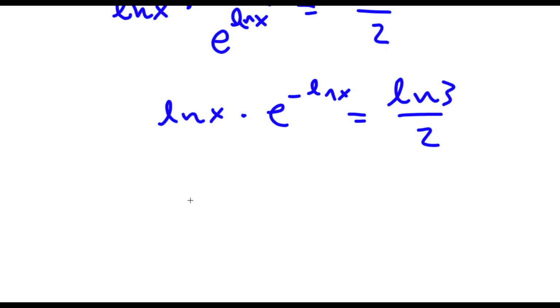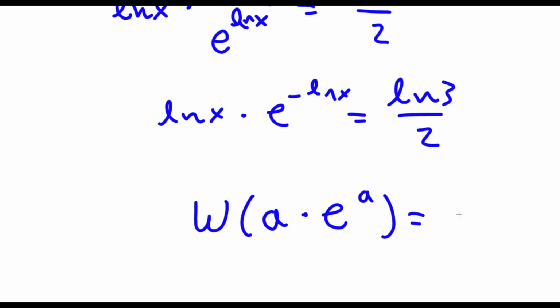Now, an important function for logarithms is known as the Lambert W function. And taking the Lambert W function of something in the form a times e to the power of a, this will give you simply a.